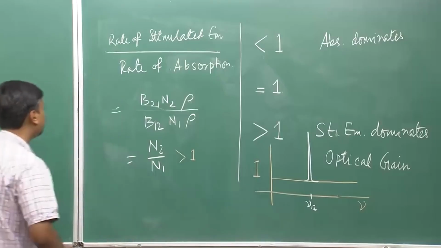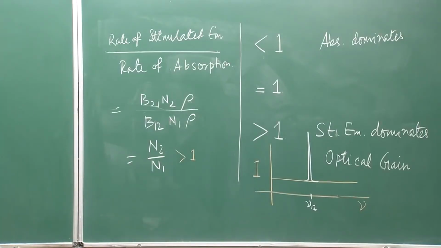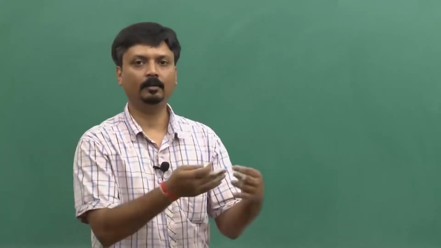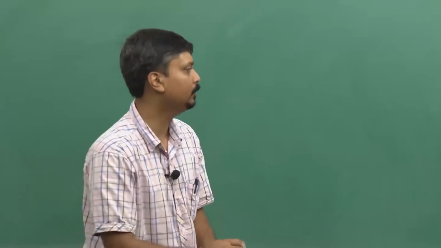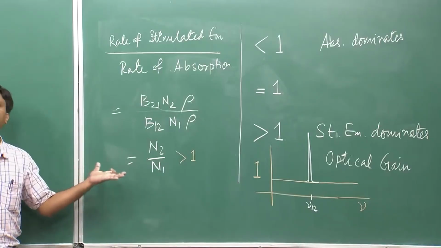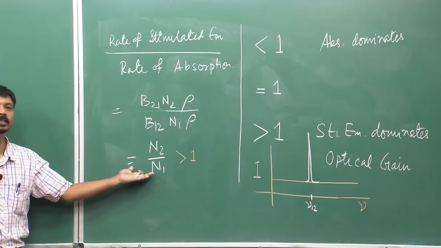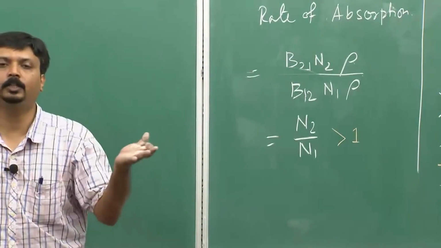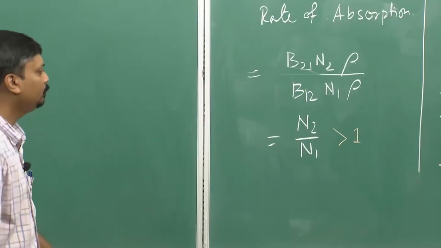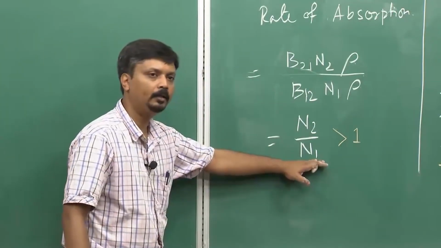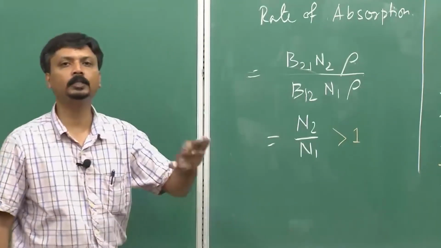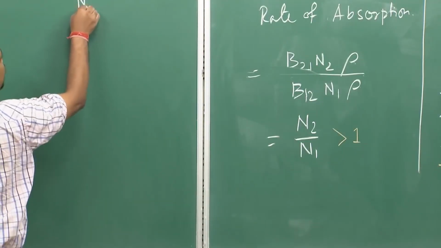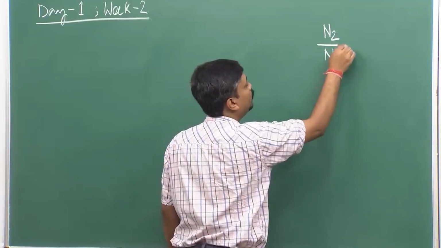Now, mathematically we got it, but how can we get this condition N2 by N1? If I can get that, I can make a laser, not much trouble. Now, what is preventing me from having this condition? If I can do it mathematically, why can't I actually do it? Simply, if I look at the equilibrium population distribution, and if we again look at the Boltzmann statistics, then what do I have?